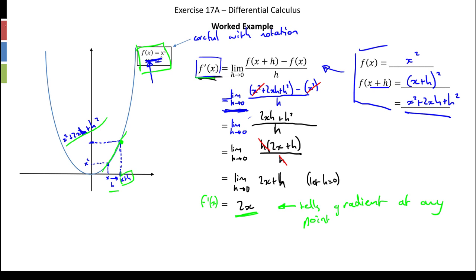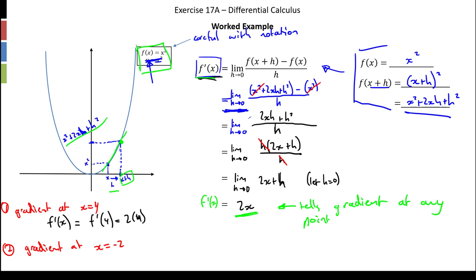So let's use it. Since we found this rule, let's use it. Let's go with the first problem, the gradient at x equals 4, and we'll do a second problem, the gradient at x equals negative 2. Now, gradient at x equals 4. Well, f dash of x tells me the gradient, so it's going to be f dash at 4, which is equal to 2 times 4, which is 8.